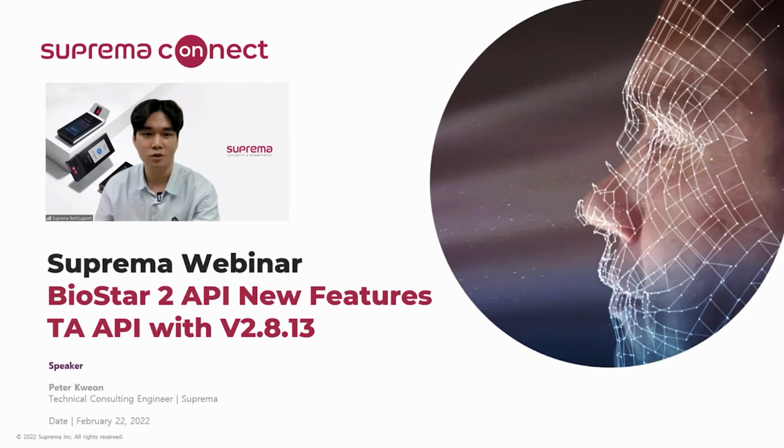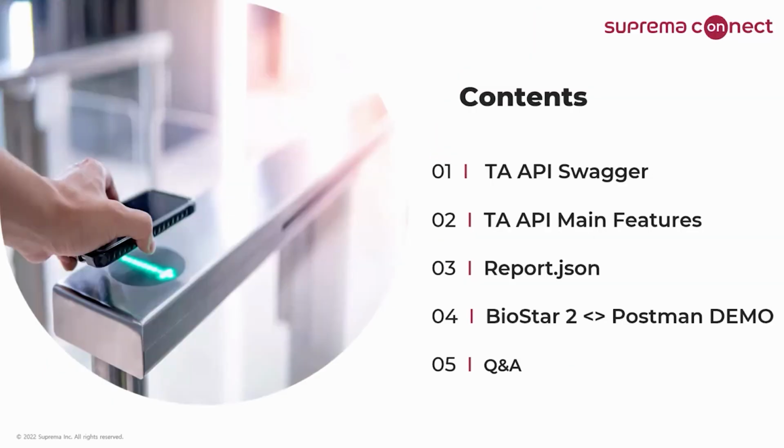Hello everyone, this is Peter from Suprema, and I'm going to begin my webinar on BioStar 2 API new features about TA API with BioStar version 2.8.13. Throughout this session, we'll be covering TA API and how to use this TA API. Firstly, we'll take a look at the TA API Swagger.